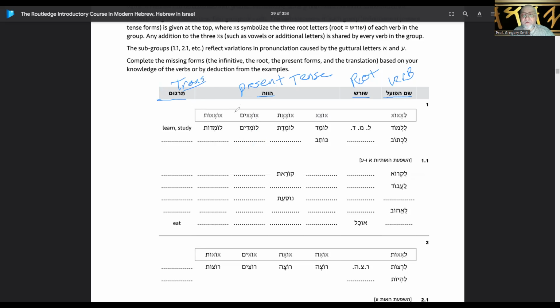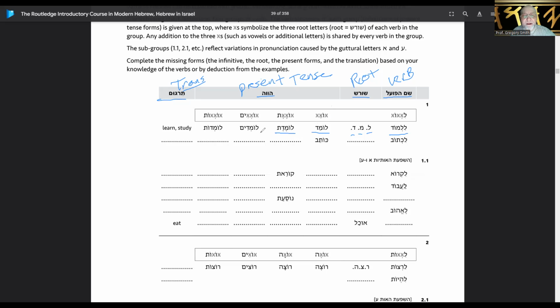All right, so I think we did this one here, lil mode, which is the verb, and then here's the root. Lil mode, to learn. And so then we have lomed, that would be like he is learning.